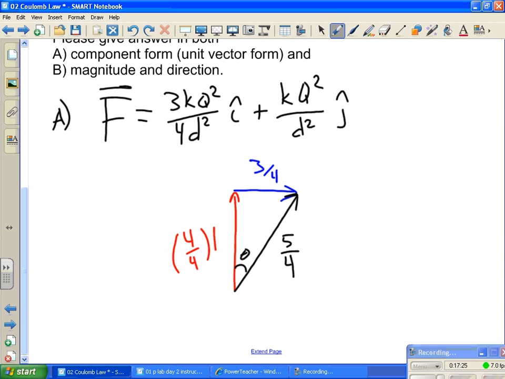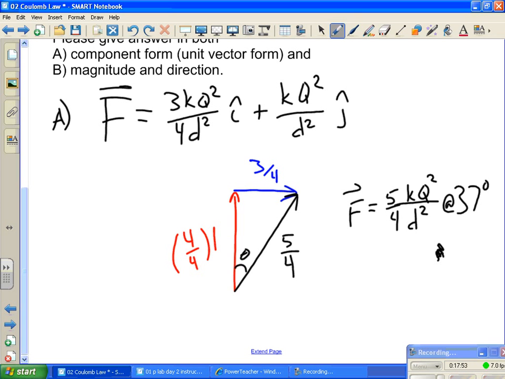So the amount of the force is 5/4. Now I'll add back in all that other stuff that I left off. And the direction is inverse tangent of 3/4 over 1, or inverse tangent of 3/4. You could also just recognize that, since that is a 3, 4, 5 triangle, it's 37 degrees.